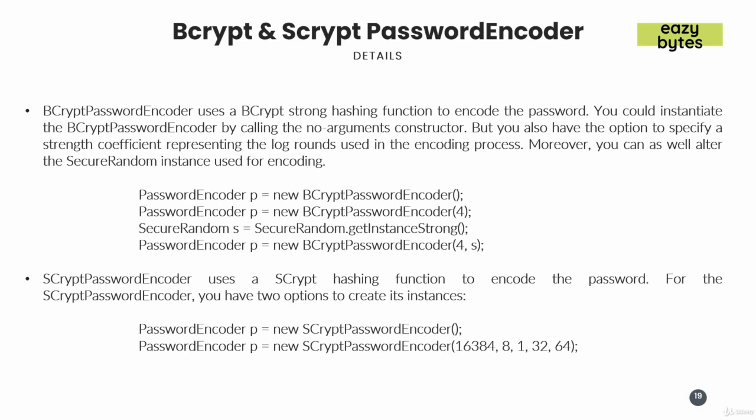In the SCrypt password encoder also we have two constructors. One is the default constructor and the second accepts 5 parameters. We'll see what these 5 parameters are by going into the code.